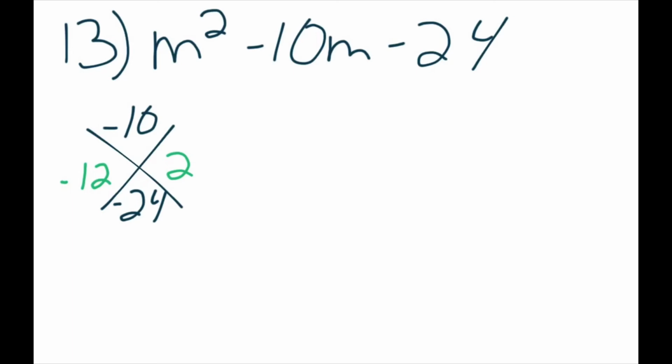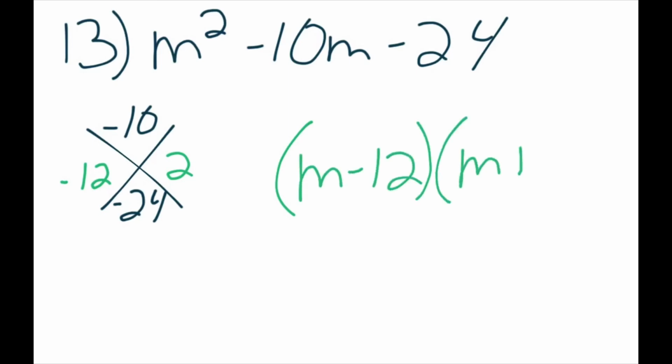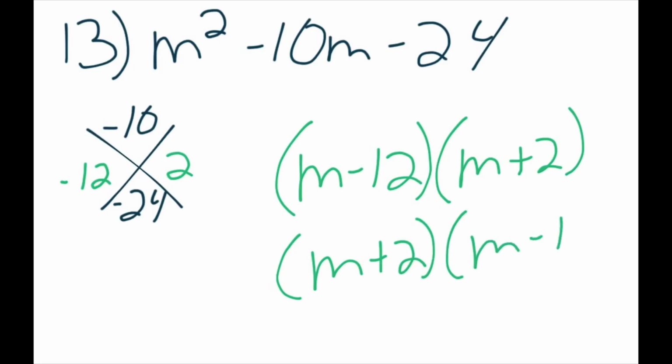So my answer for number 13 is m subtract 12 times m plus 2, or you could say m plus 2 times m subtract 12. And we can see that negative 12 plus 2 is a negative 10. Negative 12 times 2 is a negative 24.